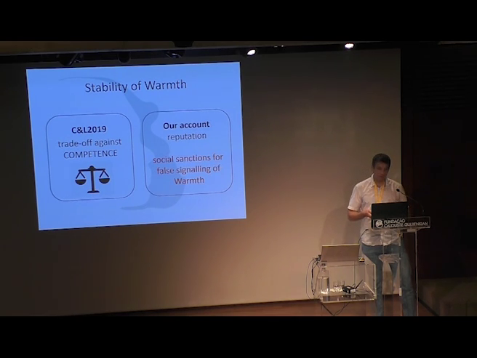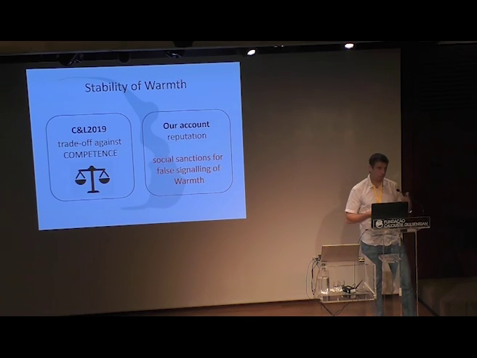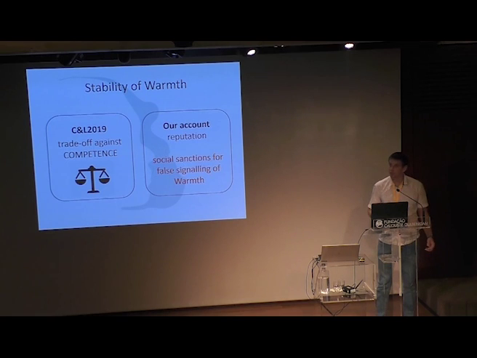If I use a lot of linguistic politeness, I don't necessarily lose competence, but I commit to collaborating with you in the future, and that would somehow also have to be stabilized. This leads to the empirical prediction that people who falsely signal warmth, who are very polite but later fail to collaborate with you, are somehow punished socially for that. All right, so I have to finish with this.